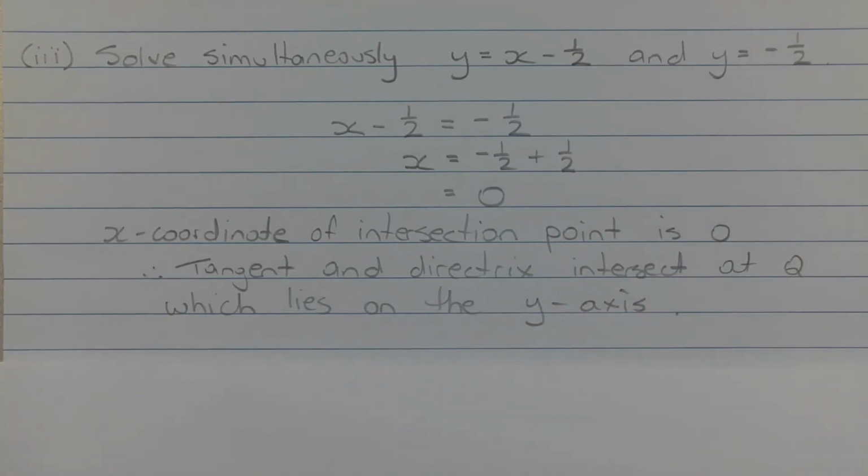So using the substitution method, we get x minus 1/2 is equal to negative 1/2. Moving the negative 1/2 from the left-hand side over to the right-hand side, we get x is equal to negative 1/2 plus 1/2, which equals 0. So the x-coordinate of the intersection point is 0. Therefore, the tangent and the directrix intersect at point Q, which lies on the y-axis.